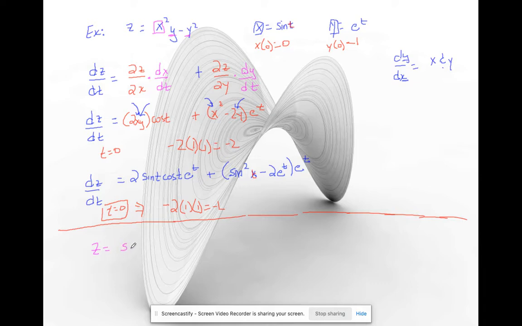That would have been sine squared of t, replacing x with sine t, times y, minus y squared, e to the t squared would be e to the 2t, right? Now when I wanted to just do dz dt, I'd have to do the product rule here, but that's not too bad, right?